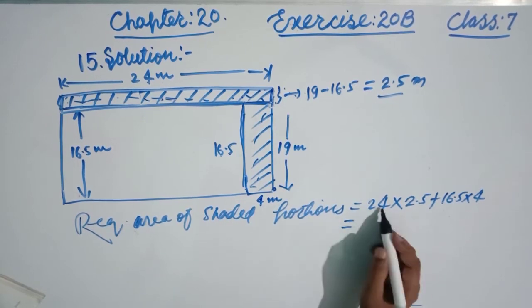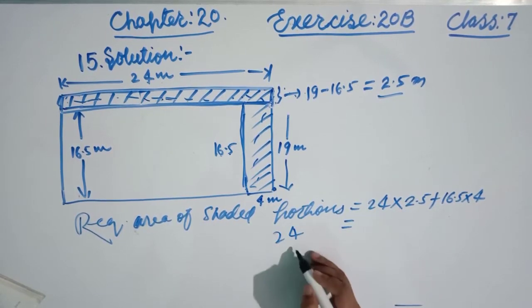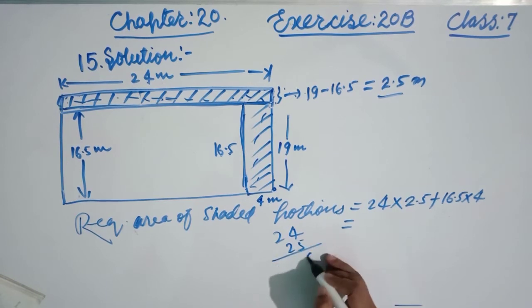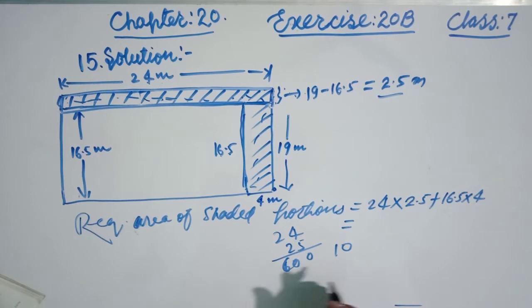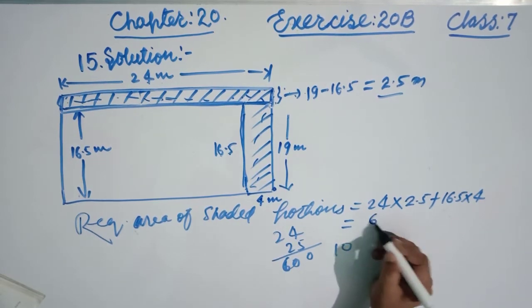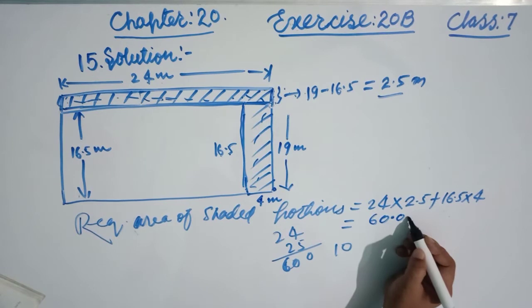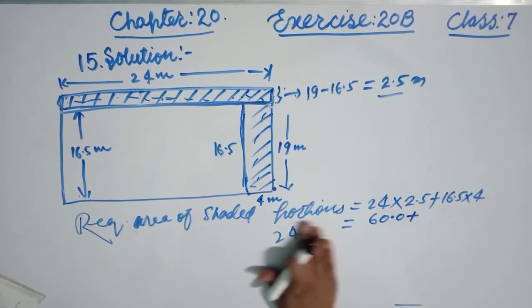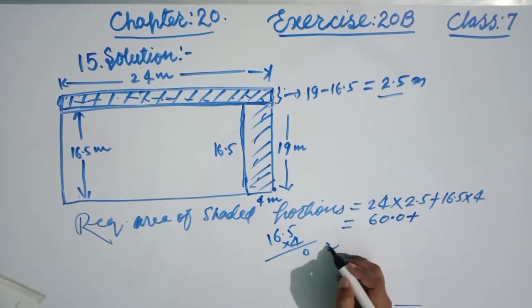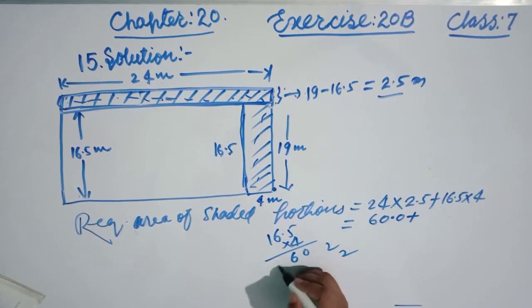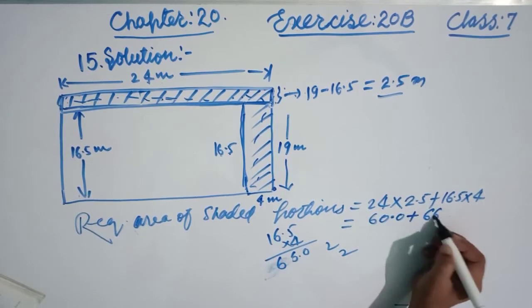Now friends, here multiply 24 by 2.5, this is 60.0, plus now 16.5 multiplied by 4, this is 66.0.